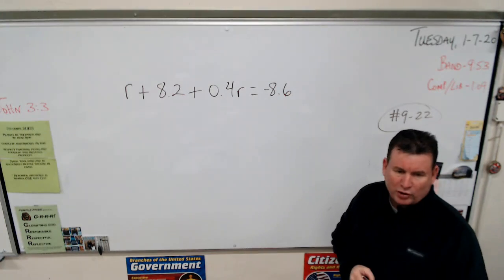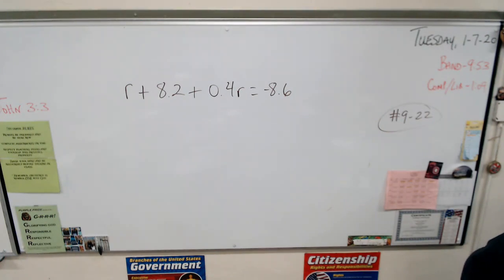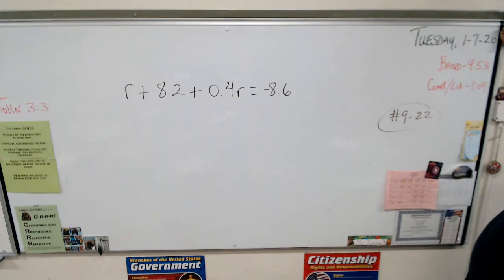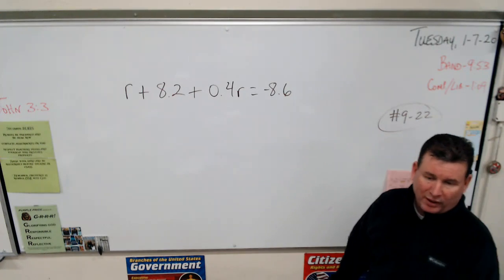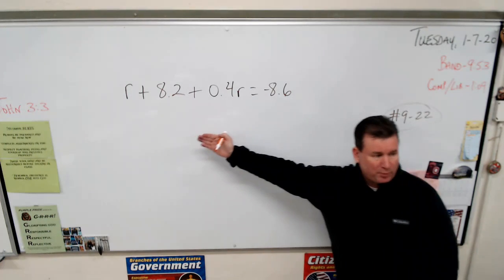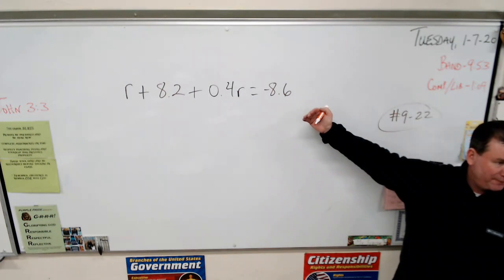Alright, there's way too much chatter when over half the class has not done number 9 yet because you're waiting for me to do it to make sure you know how to do it. We already established we're going to multiply everything by 10. Right, Ethan?